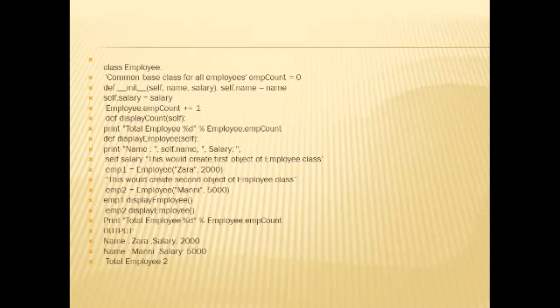From that we'll get self.name is equal to name, self.salary equal to salary, and Employee.empCount plus equal to 1. From that we are printing total employees, and the name and their employee 1 details and employee 2 details. From that we are going to display them. We are giving the print option. From that we'll get output as the name and the salary of the employee.